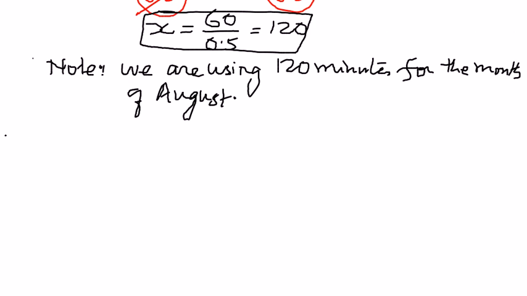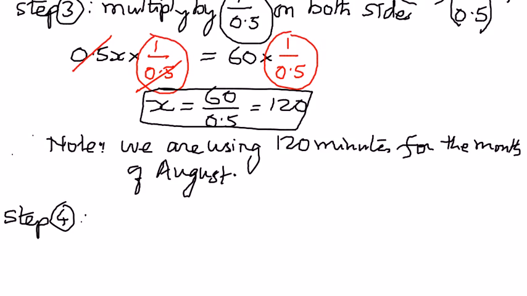We also want to make sure that we follow up and check our work. We'll write that as step number 4. We will substitute it back into the equation which we have formed. The equation is 40 plus 0.5x is equal to 100. We got the value of x as 120.